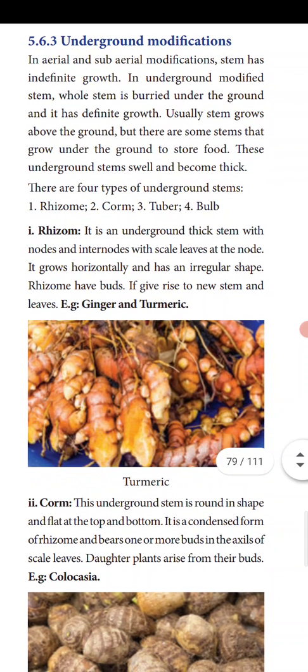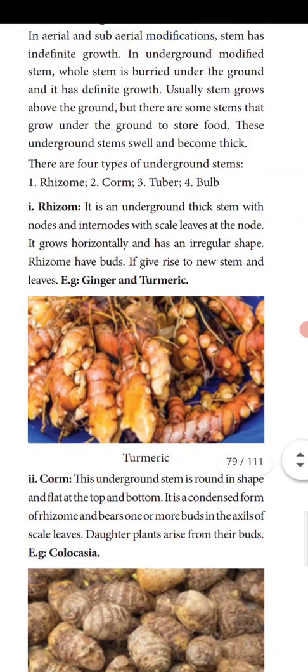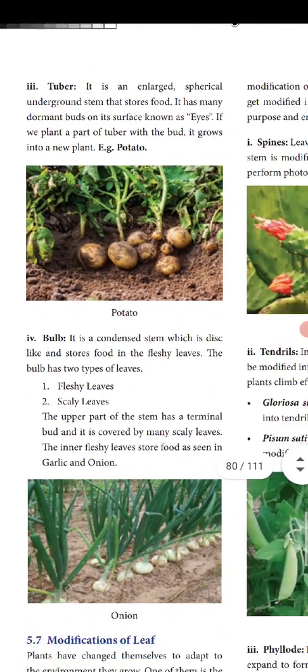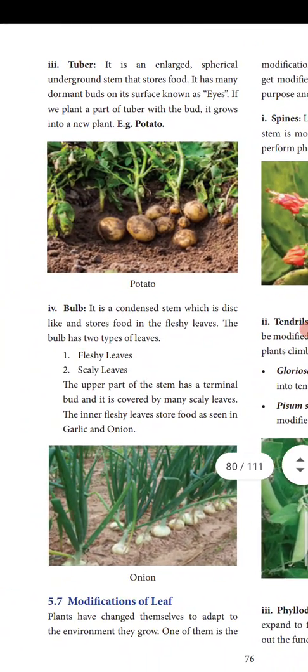Under the ground there are rhizome, tuber, corm, and bulb. Many plants are cultivated from underground modification.